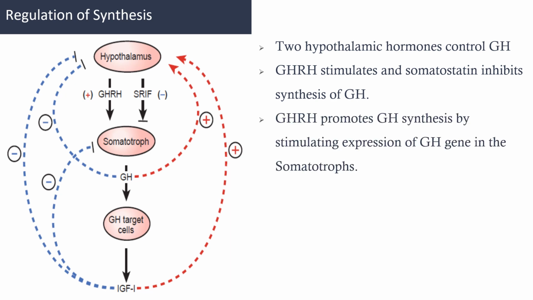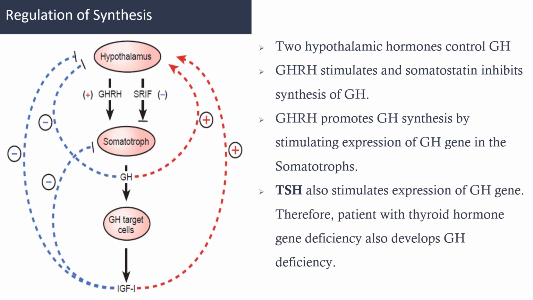The GHRH promotes growth hormone synthesis by stimulating the expression of growth hormone genes in the somatotrophs. TSH also stimulates the expression of the growth hormone gene. Therefore, patients with thyroid hormone deficiency also develop growth hormone deficiency.